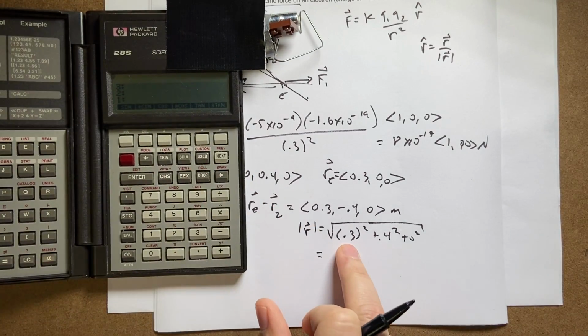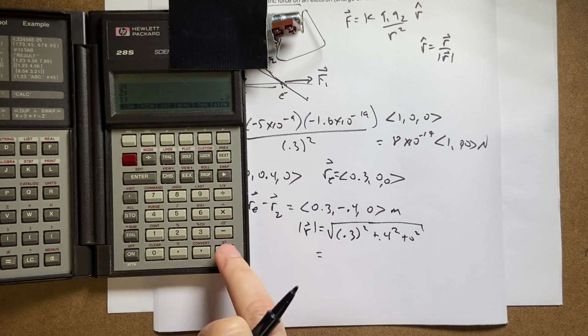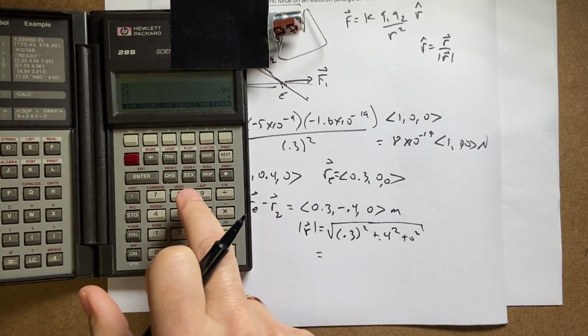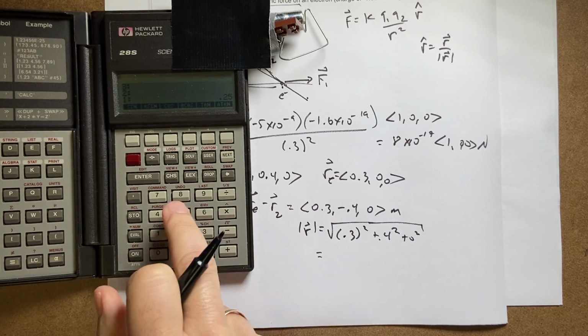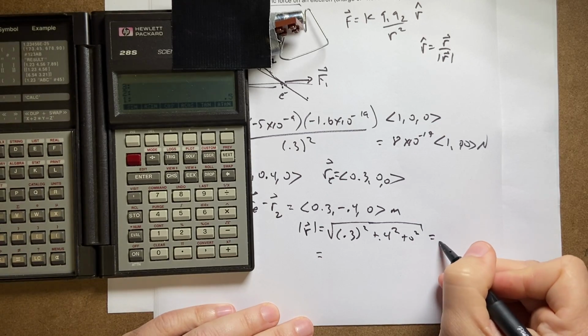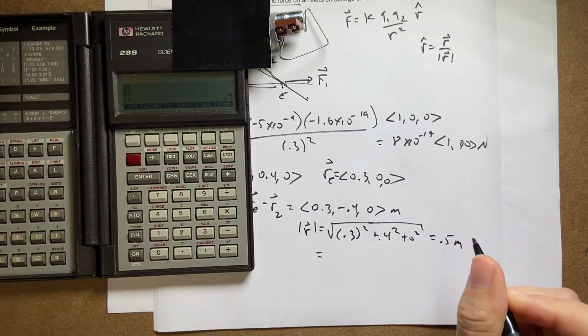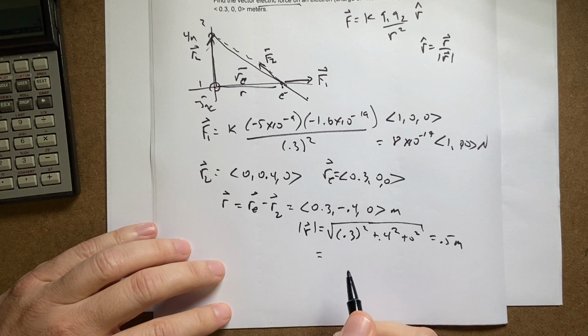So I get 0.3 enter squared, 0.4 enter squared, add them together, take the square root. I get 0.5 meters. Now, you could probably figure that out. It's a 3, 4, 5 triangle, so I did make this a little bit easier.